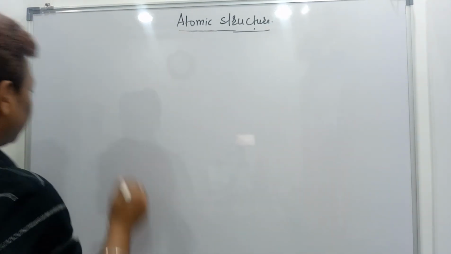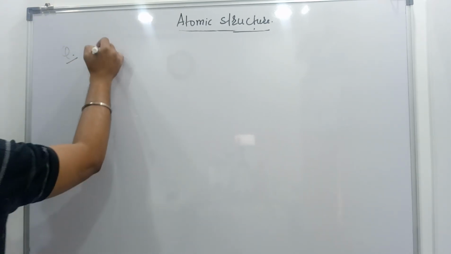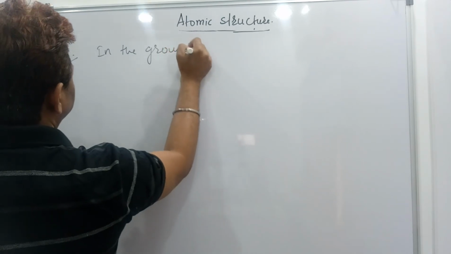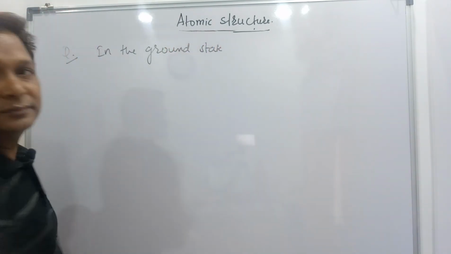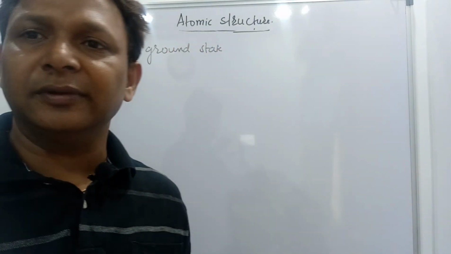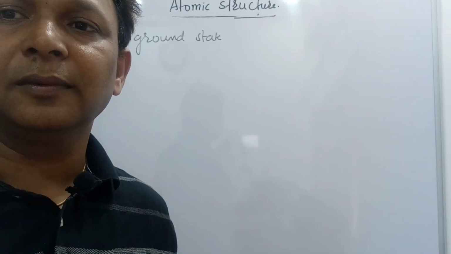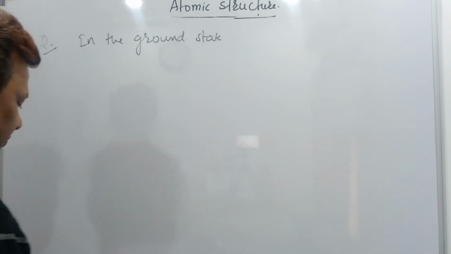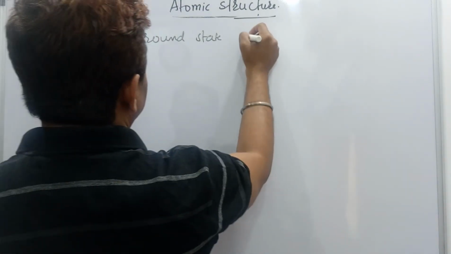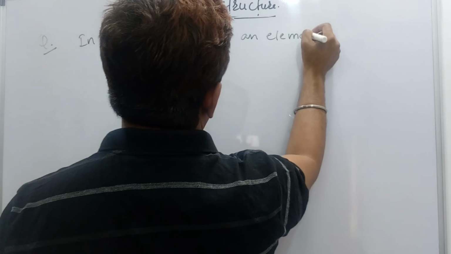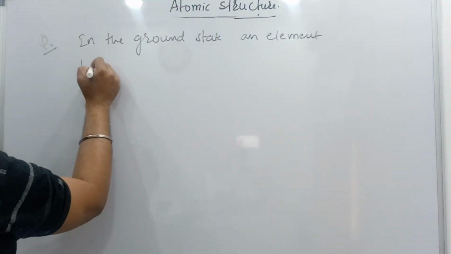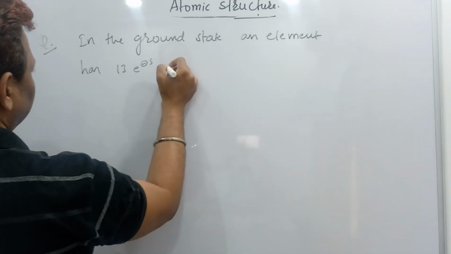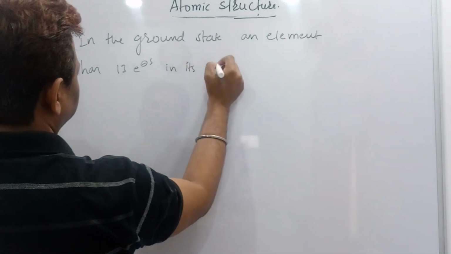Now, in the ground state, see, beta, in the ground state, an element has 13 electrons in its M shell.